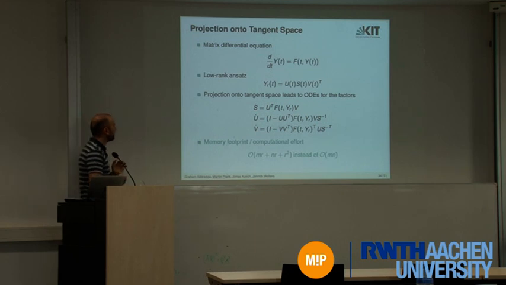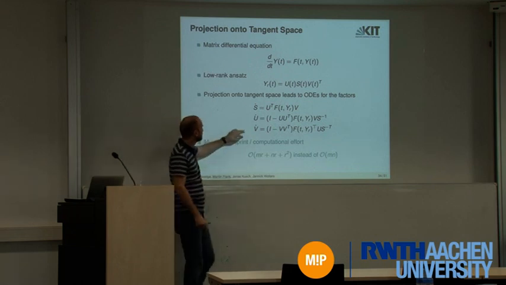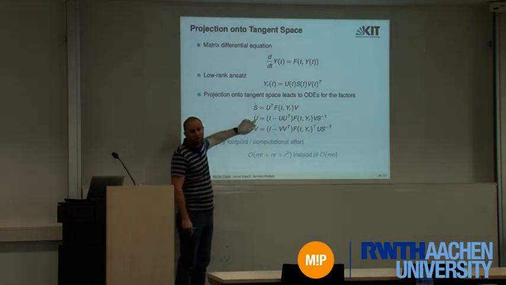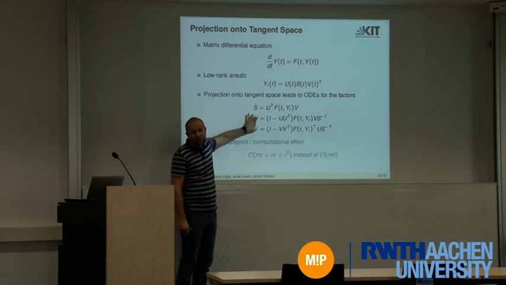Why? For several reasons. For one thing, I do not have to determine my optimal bases in a certain way. U and V contain orthonormal bases, and I have an evolution equation for them.